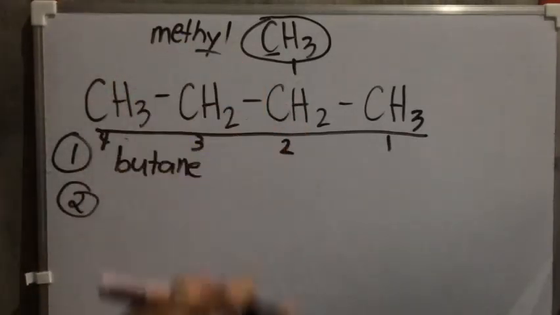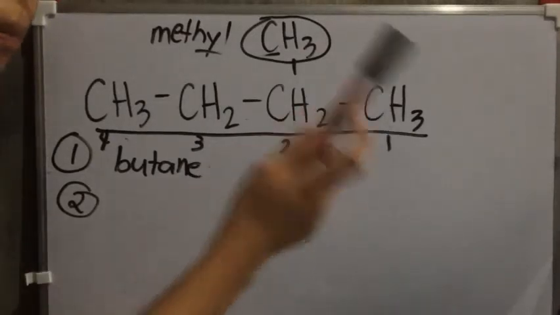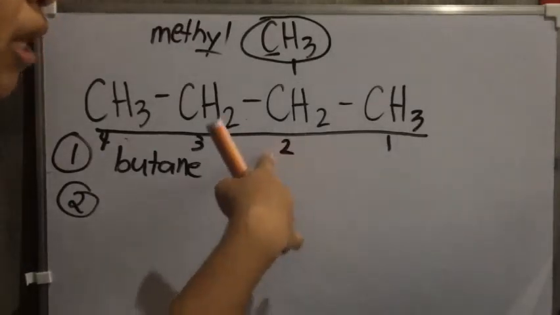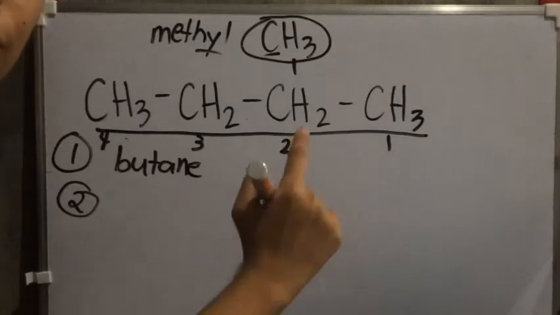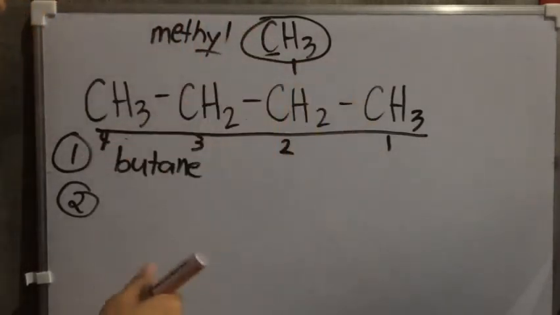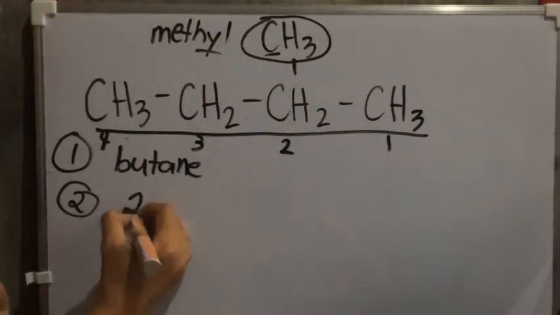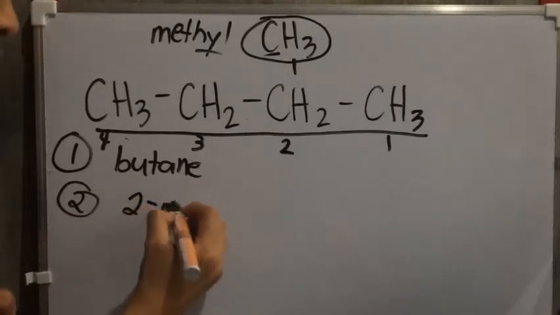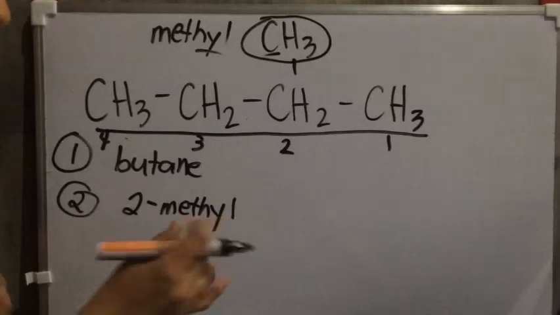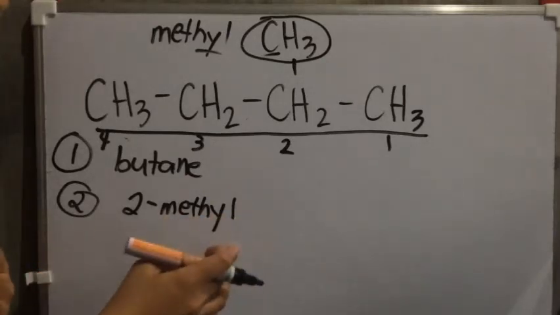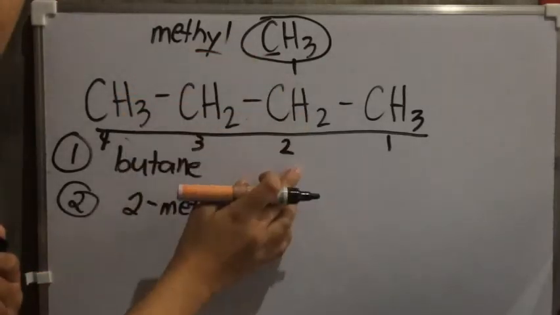Saan naka-attach yung methyl? We're going to indicate the number of carbon where the alkyl group is attached. So, sa pang ilang carbon, naka-attach yung ating methyl? Sa pang second or pang dalawang carbon. So, ang pangalan niya is 2-methyl. Ayan. 2-methyl. Kasi, naka-attach yung methyl sa second carbon.